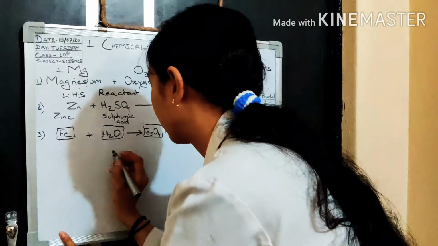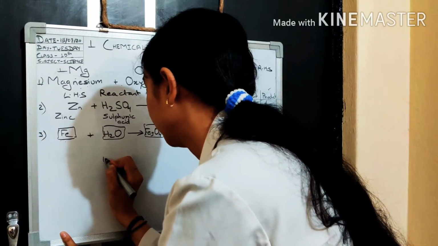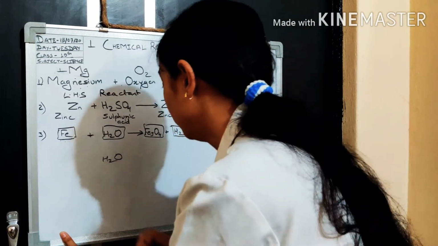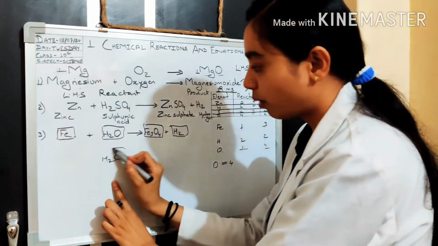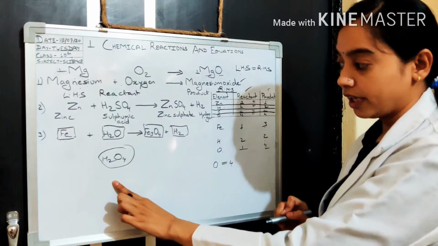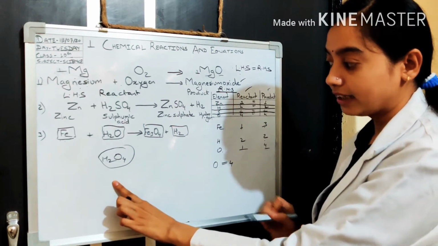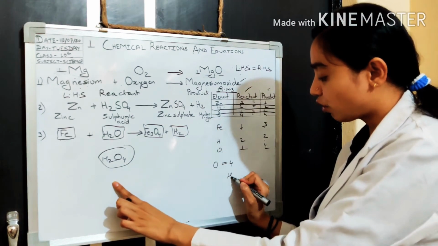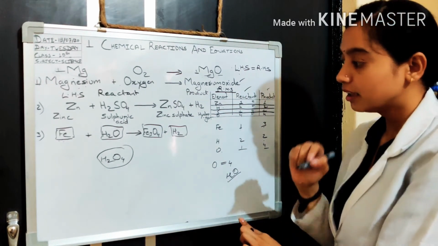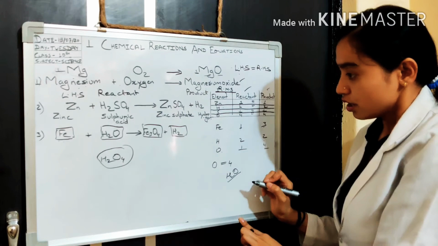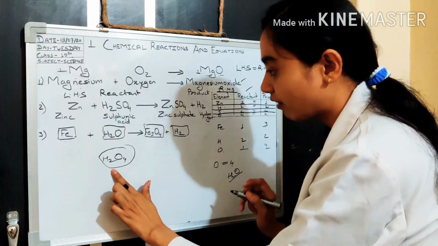If I put 4 here like this, the formula of H2O becomes disturbed, because H2O is never present in this form. The H2O formula is always like H2O. I told you this in homogeneous mixture. So H2O never appears like this.